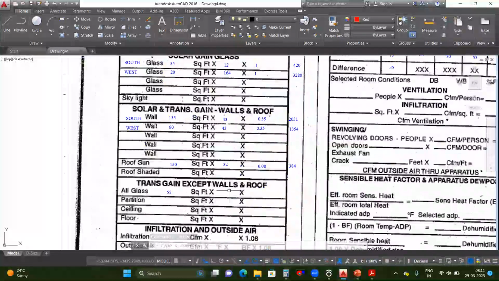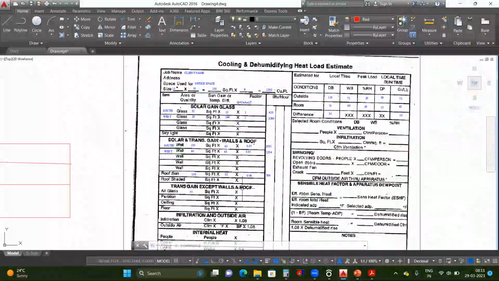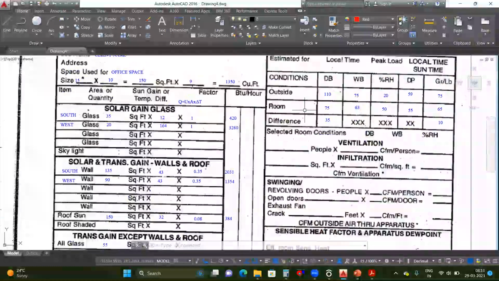And next I need to take the delta T value. So delta T here we need to take from the outside minus inside conditions. So the difference of the outside minus room, that is 35.